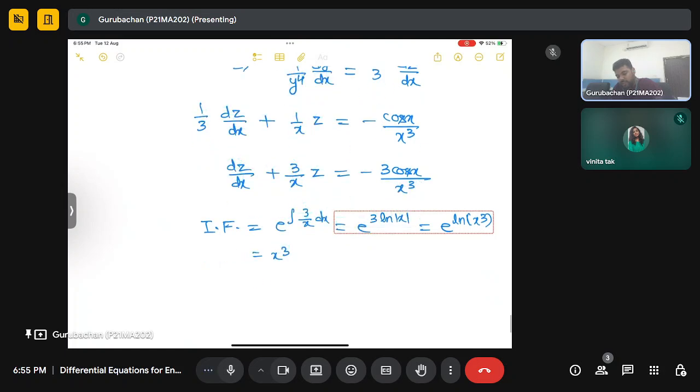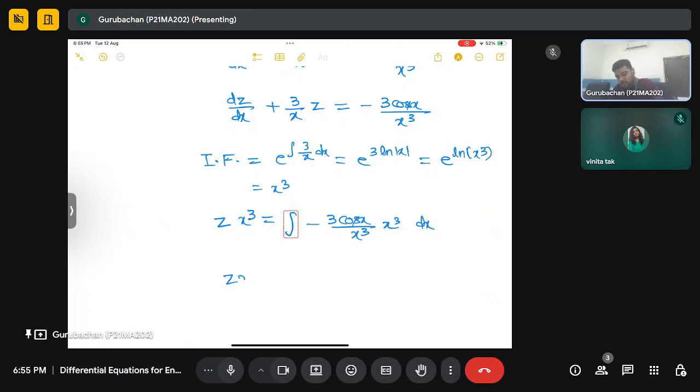So the solution will be z into this integrating factor equals integration of this q(x) into the integrating factor, that is cos x dx.